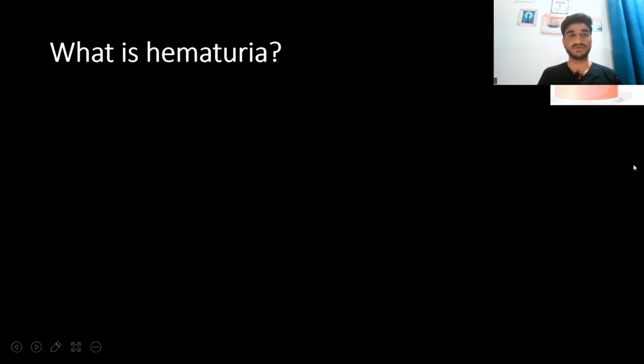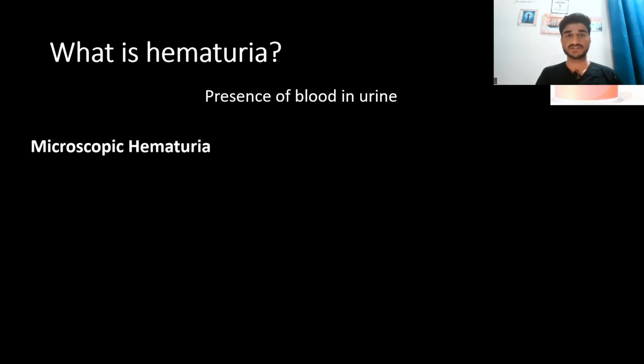Here we see what hematuria is. Hematuria is when we see blood in urine. That could be macroscopic hematuria or gross hematuria.